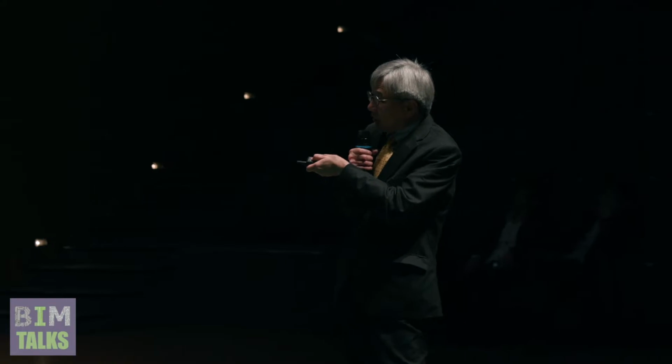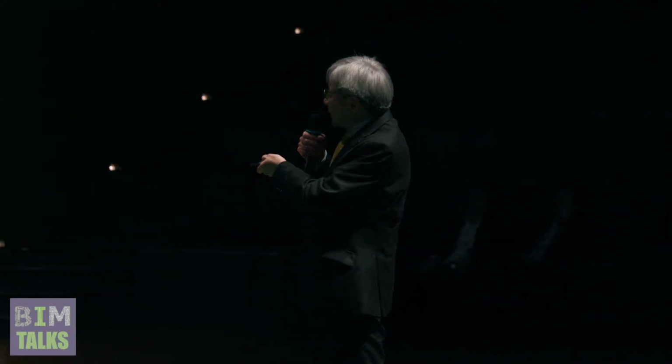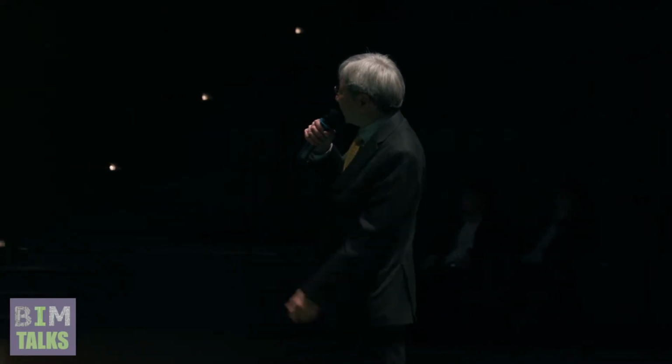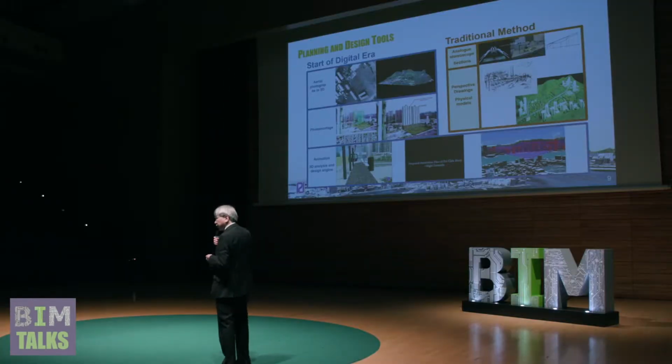It is about more than 10 years ago. And this animation is for the Kai Tak, about 10 years ago. But now it's different. This is next to Causeway Bay. So this is a traditional tool we use.